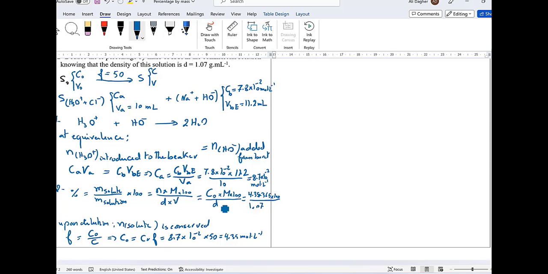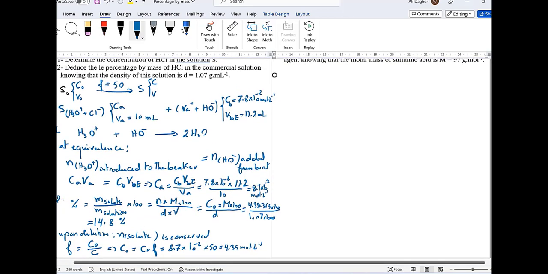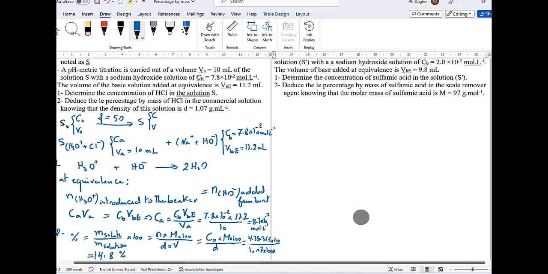We multiply it by 1000. Then the percentage by mass equal 14.8%. This is how to determine the percentage by mass of a solute dissolved in a solution.